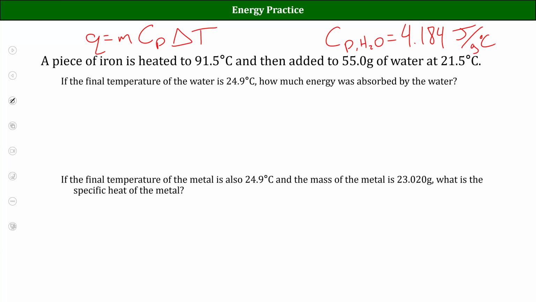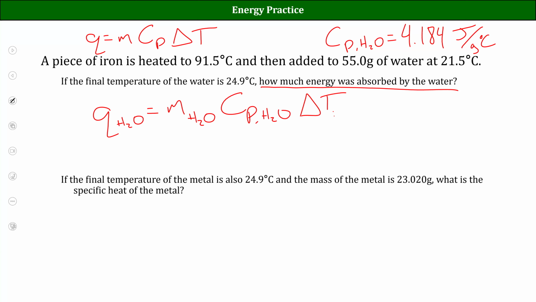So for the water, we're asking about how much energy is absorbed by the water. So we want Q for the water, we need mass of water, Cp of water, which we know, and delta T for the water.